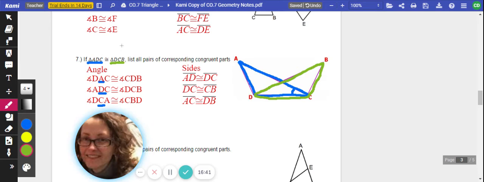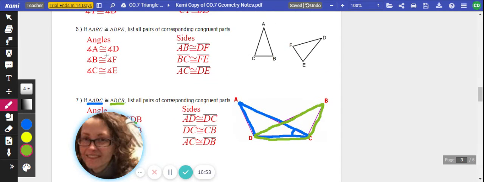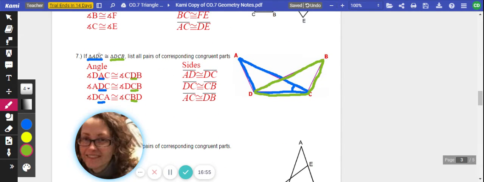And then for the second triangle, I have angles D, C, and B hidden in there. So the order that we were using before, where I was just matching A to D and D to C and C to B, is kind of still there. We just needed to use more letters because we had overlapping triangles, which was making our lives a little bit difficult here.